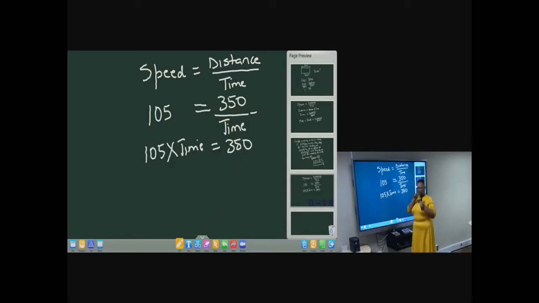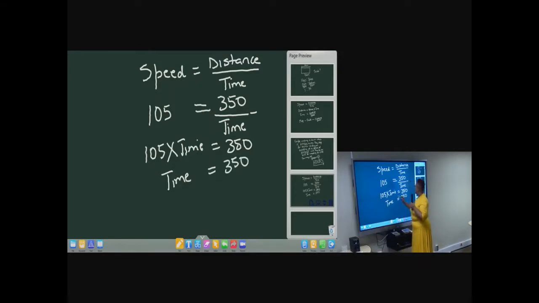Then the next thing is, you need to see what you need to calculate. You have been asked: will you be on time? So it means you have to calculate the time you will arrive. Then you have 105 multiplied by time. This 105 is doing what? It is multiplying. You want time, so you have to leave time alone, so you do the opposite of what was done on the other side.